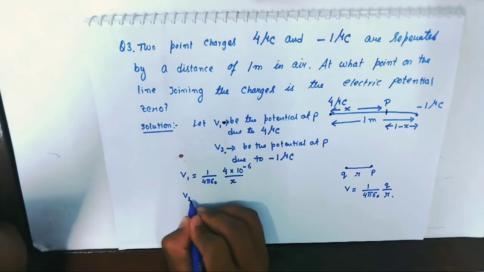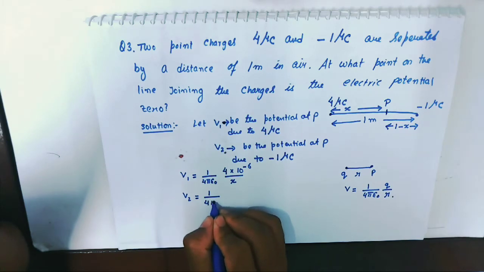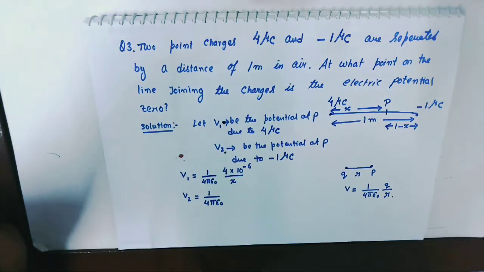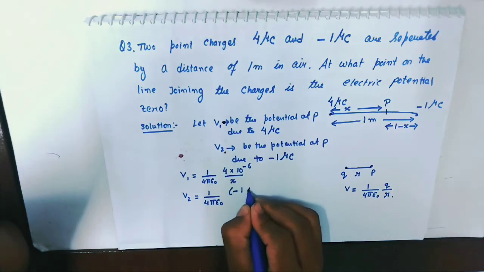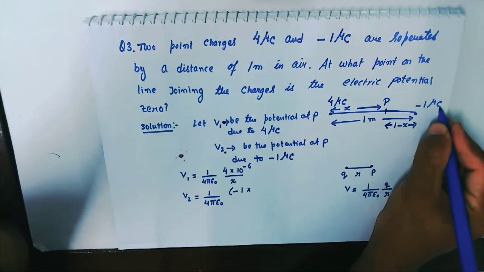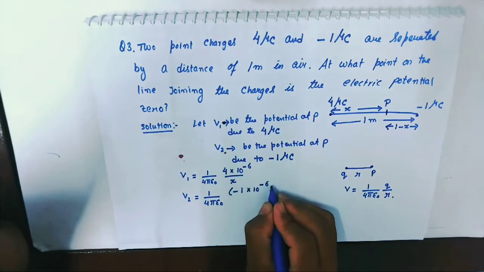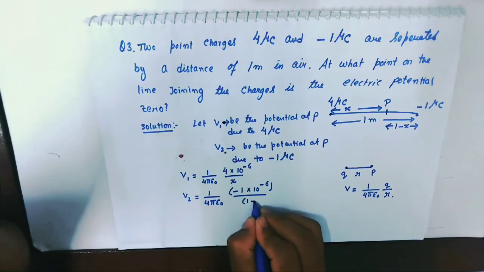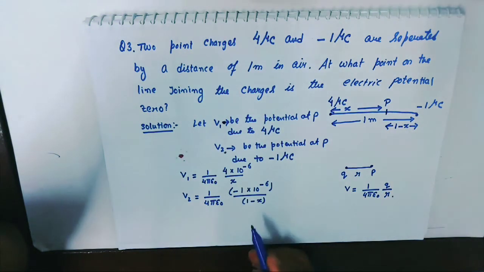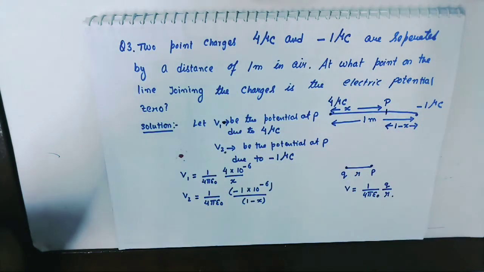So V2 is equal to 1 by 4 pi epsilon naught, the charge is minus 1 microcoulomb, which means 10 to the power minus 6, divided by 1 minus x, since the distance of point P from minus 1 microcoulomb is 1 minus x.